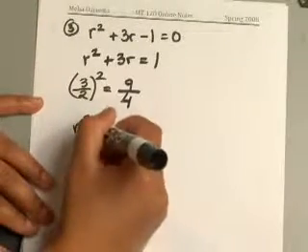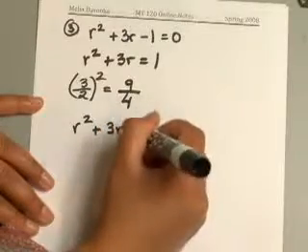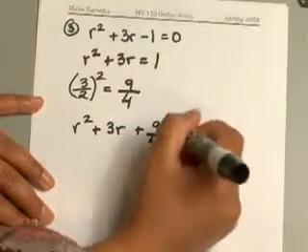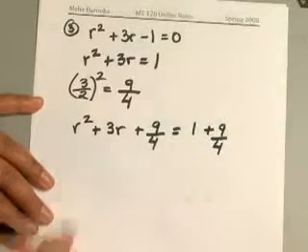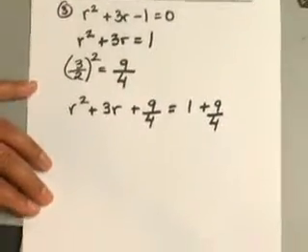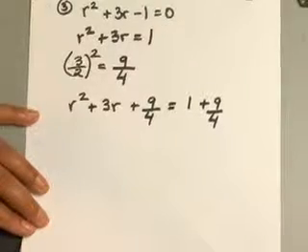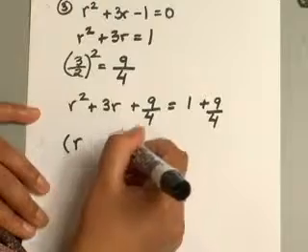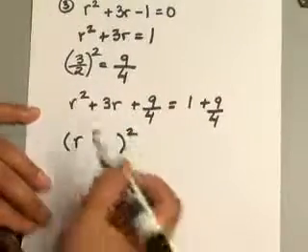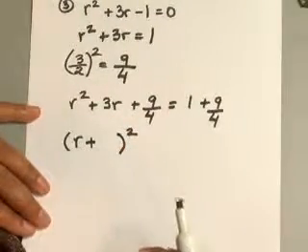Take 9 over 4 and add it on both sides of your equation, and you will end up with r squared plus 3r plus 9 over 4 equals 1 plus 9 over 4. Okay, now go ahead and factor your left hand side just like we have been doing so far.